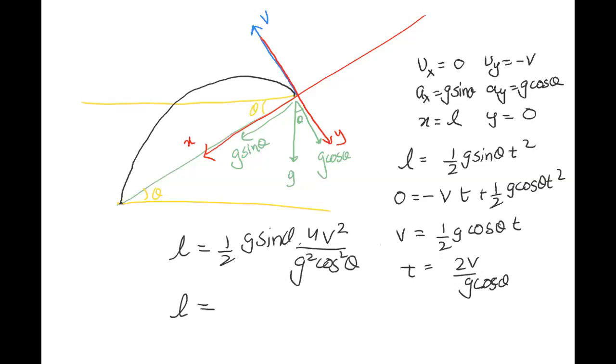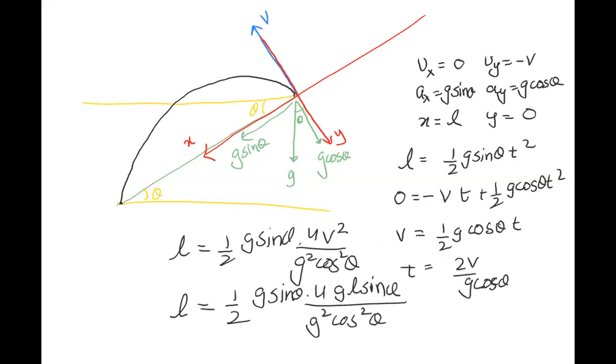So L is equal to half G sin theta into 4V square. V square की value I can put now as GL sin theta divided by G square cos square theta.